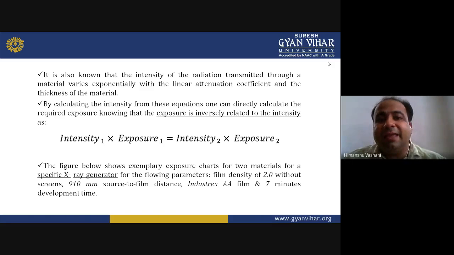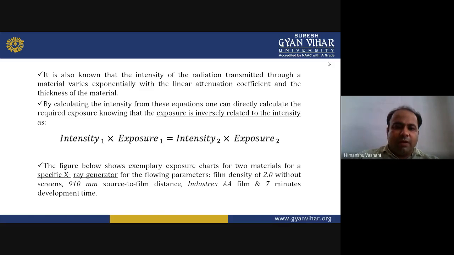By calculating the intensity from these equations, one can directly calculate the required exposure, knowing that exposure is inversely related to the intensity, as intensity 1 times exposure 1 equals intensity 2 times exposure 2.